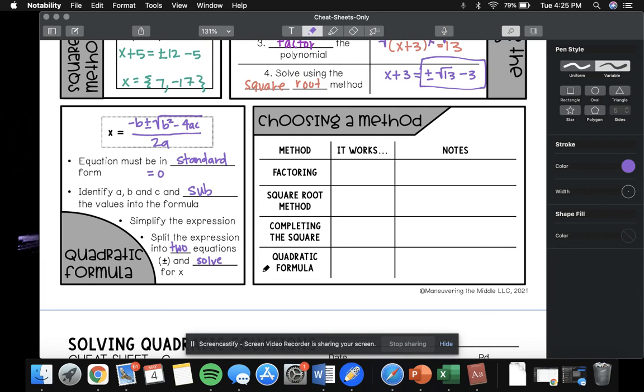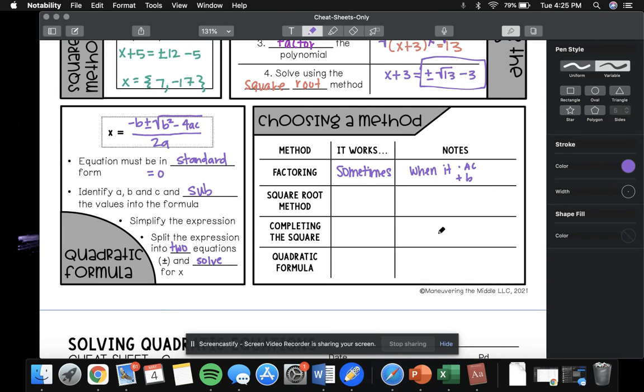So we have all these methods, and some of them work all the time, some of them work sometimes. Factoring only works sometimes, and that's basically when we can factor it, when it multiplies to AC and adds to the B value.